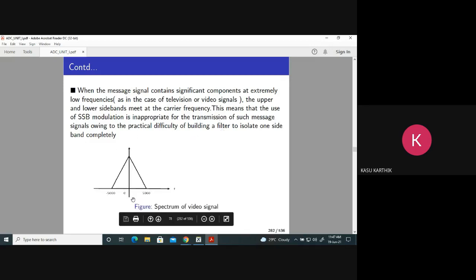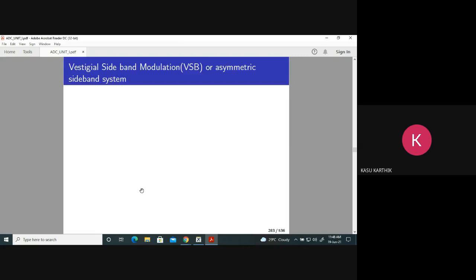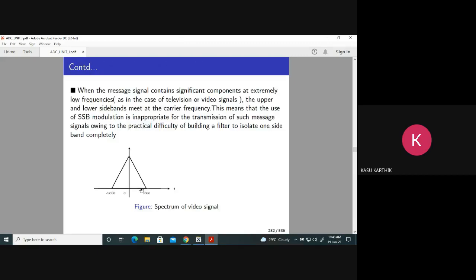If you take the spectrum of that video signal, the lower sideband and upper sideband are meeting each other. It would be very difficult to separate them because we need ideal or sharp cutoff frequencies. That is the problem.